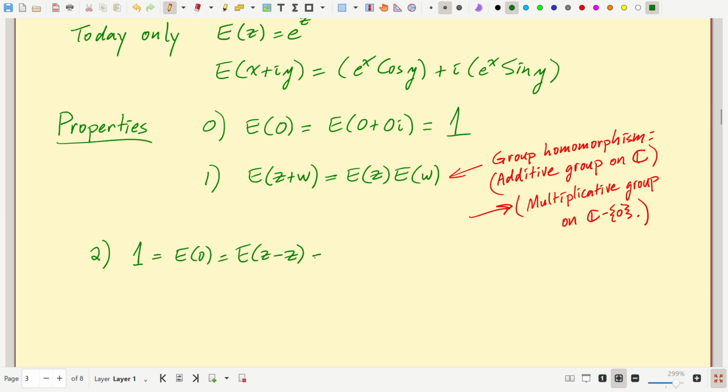And that's e to the z times e to the minus z. This shows that neither one of these things can be 0, because they multiply together to be 1, which is not 0.